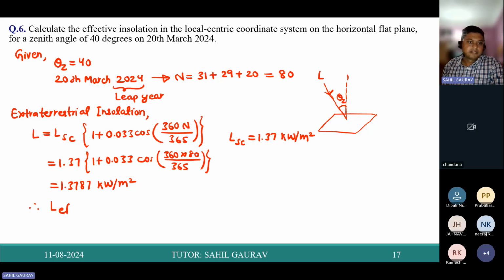Now, what is the effective insolation? For the effective insolation, you have to take this extraterrestrial insolation that is lying normal to the surface, so this is L cos theta z.